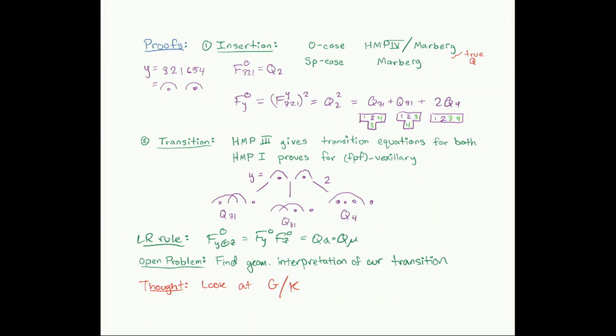This expands via the insertion into 2 copies of Q31 and 1 copy of Q4, except it comes with a weight of 2. And so it's a little annoying. You have to stick the 2 in. The reason I'm citing 2 different insertions is that with the first insertion, you had to stick the 2 in. With the second insertion, you can move the power of 2 into the words that you insert. And it's shocking how much complexity goes into that modification.